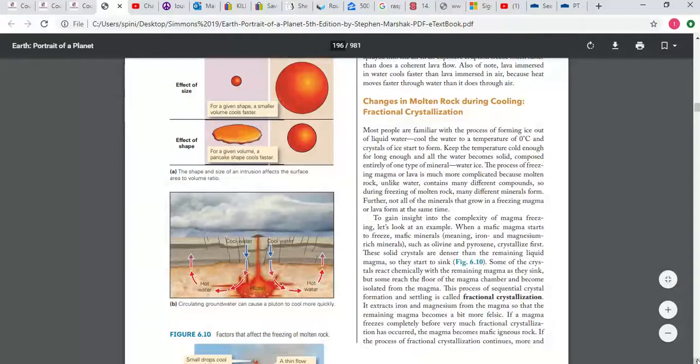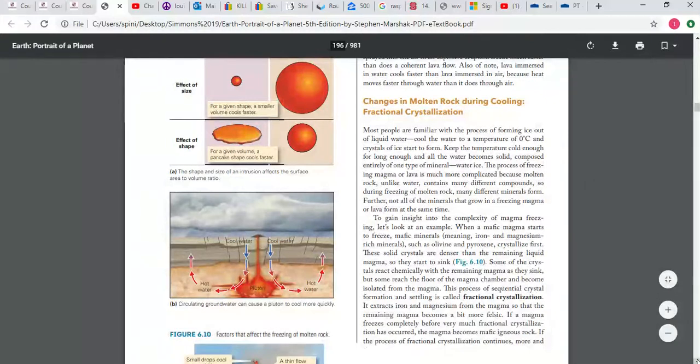The granite that had the bigger crystals must have cooled slower because those crystals had time to grow and get bigger, didn't they? And the granite with the smaller crystals must have cooled faster because its crystals were smaller. They didn't have quite as much time to grow.